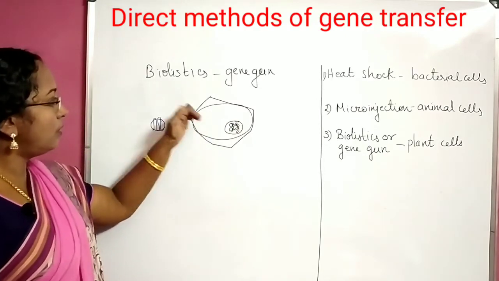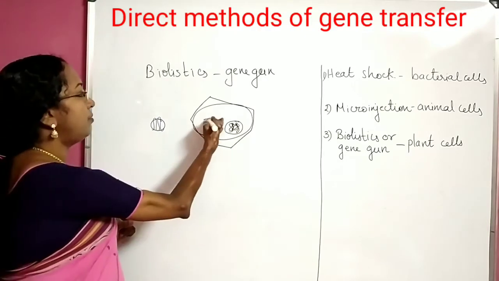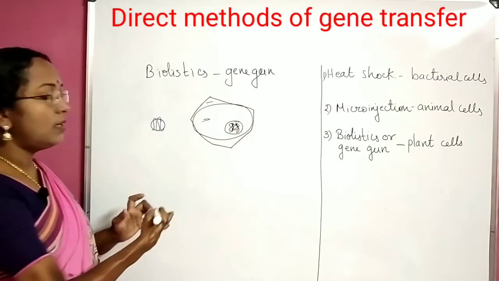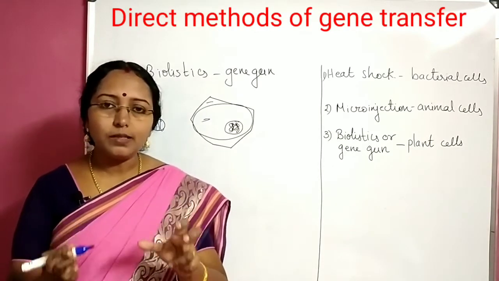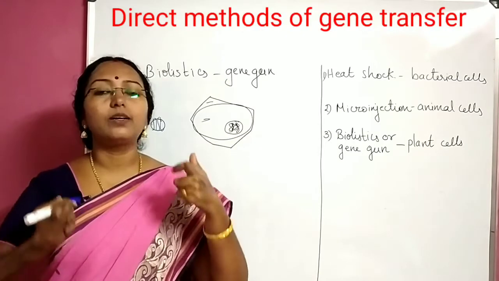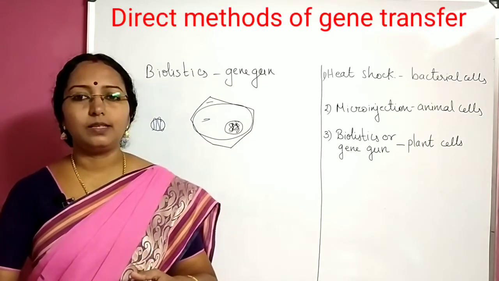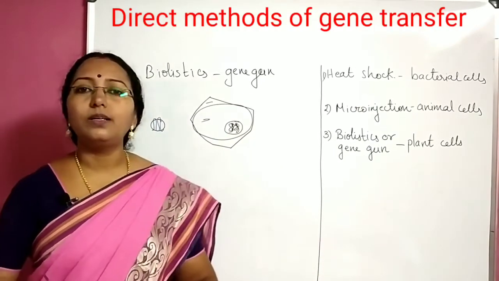Sometimes our gene of interest will be halfway, sometimes only here. Okay, so after doing this biolistics, we have to carefully observe and take out the cells which have actually been transformed according to our interest. Okay, so that's how we do it with biolistics or gene gun.